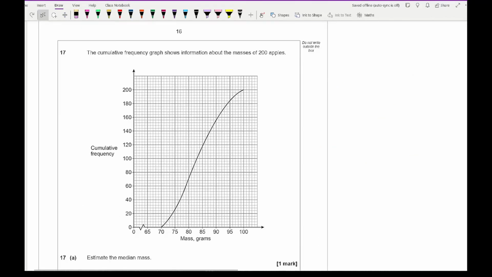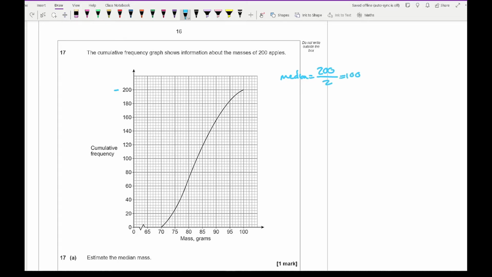Then looking at question 17, it says the cumulative frequency graph shows information about the masses of 200 apples, and 17a asks us to estimate the median mass. So for this, we need to look at the highest frequency, which is 200. The median is going to be at 200 divided by 2, which is 100.